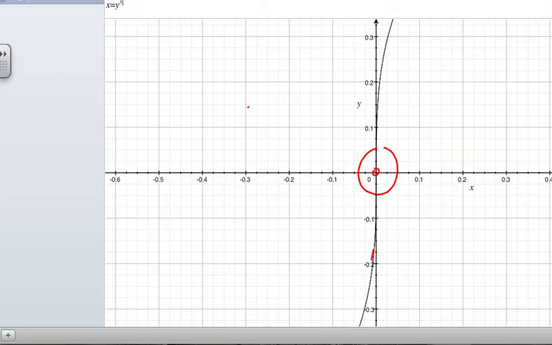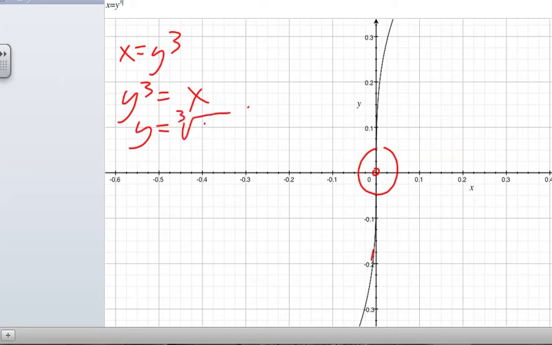And we can do that algebraically too while I'm thinking about it. So I have x equals y cubed, which gives y equals the cube root of x. Now because this is odd, we can get both plus and minus values out of this x, and that's all right. Okay?